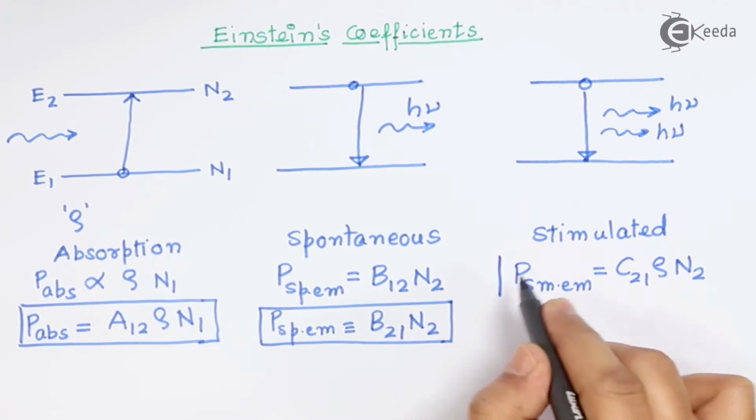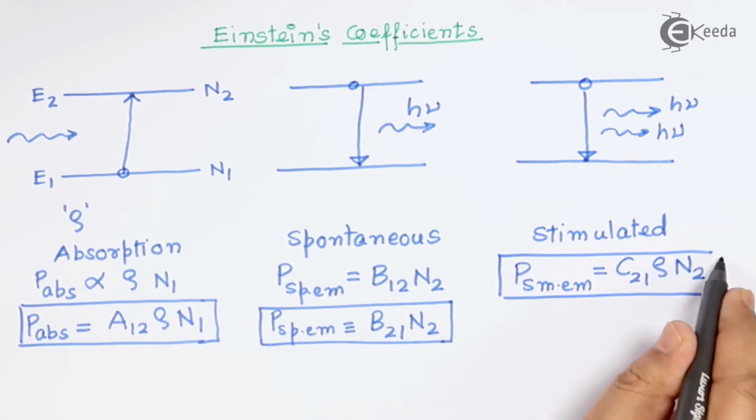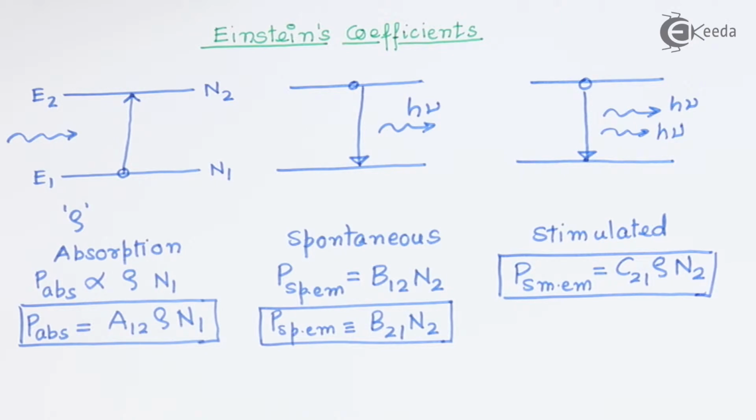Thus P ST.EM is equal to C21 into rho into N2, where C21 is the Einstein's coefficient for stimulated emission, and B21 is the Einstein's coefficient for spontaneous emission. We now have three equations: the probability for the absorption, the probability for the spontaneous emission, and the probability for the stimulated emission.